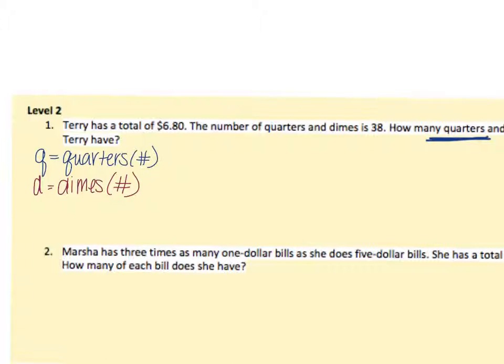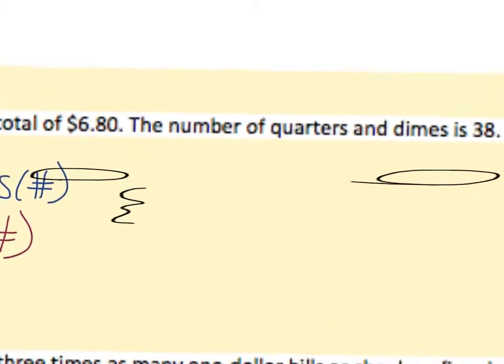Well, we've got the amount of money for these two unknown quantities, the quarters and dimes, and we also know how many coins in general we have. So that's where our two equations are going to come from for our system: the amount of money and the amount of coins just in general.